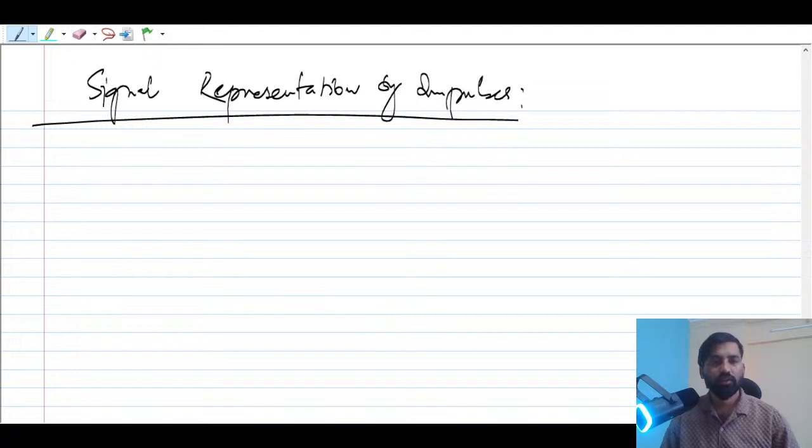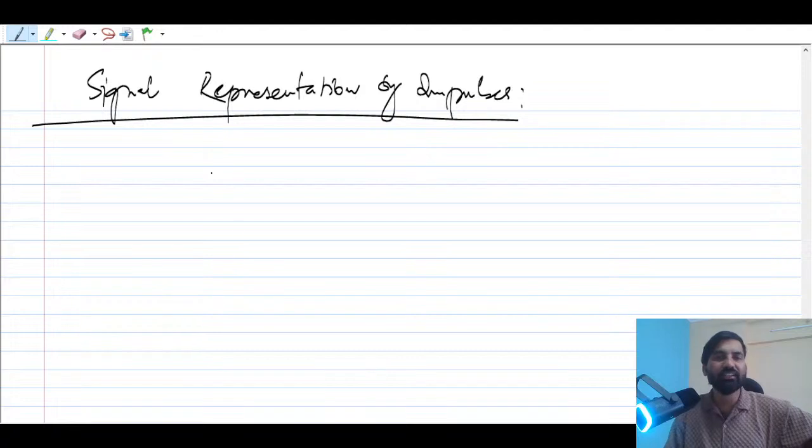So any discrete signal x of n may be expressed as the sum of shifted impulses whose strength is going to be x of k, and that strength corresponds to n equal to k.